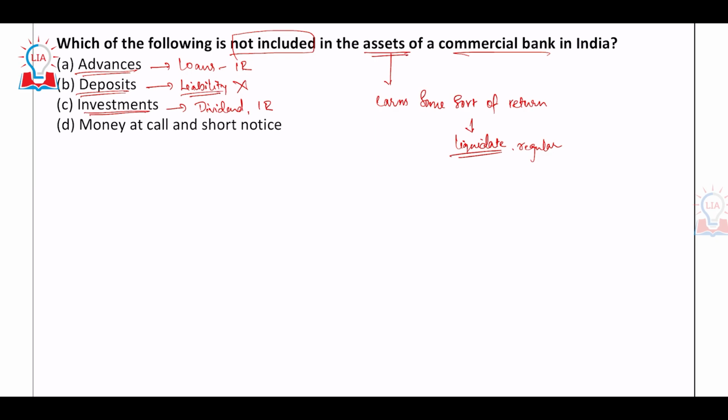As the gold prices go up, it is going to earn some profit out of it. Money at call and short notice, what is this? This is about interbank lending. As soon as you see lending, it's an asset, so it is going to earn some sort of interest again. So the only thing which is not going to earn anything for the banks would be deposits. So the answer is B.